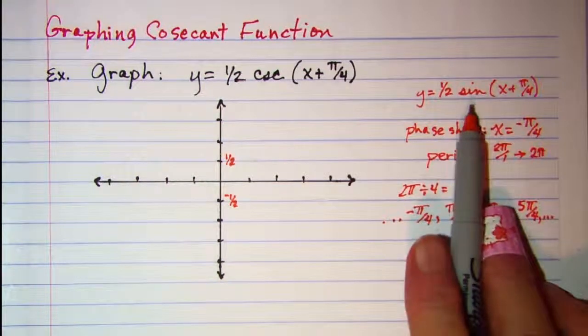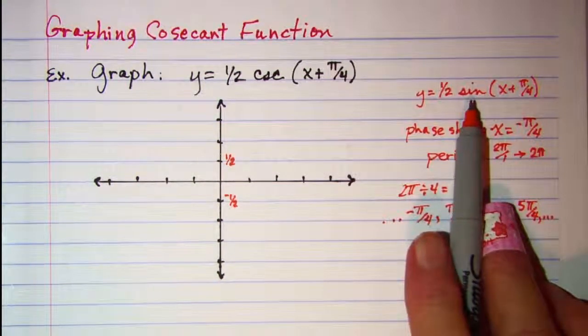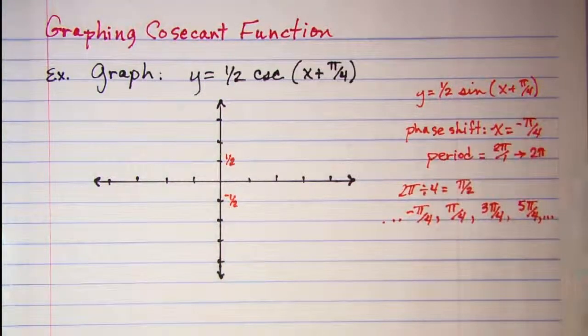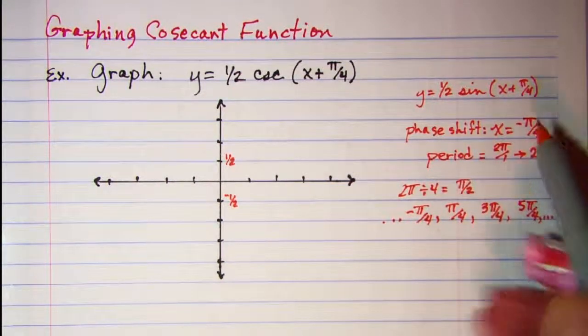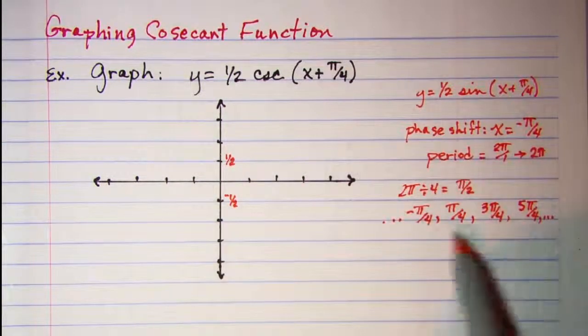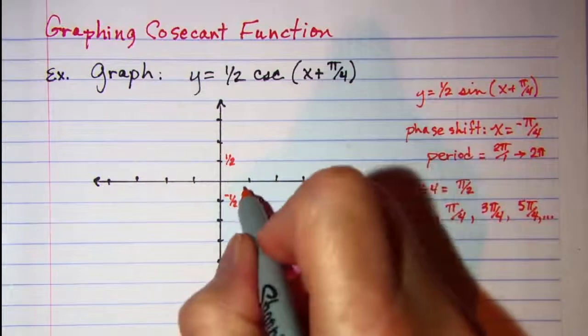Right? A sine curve at the starting point is always on the center line. So at my starting point of negative pi over 4, I need to label. So I'm going to label all of these in fourths.